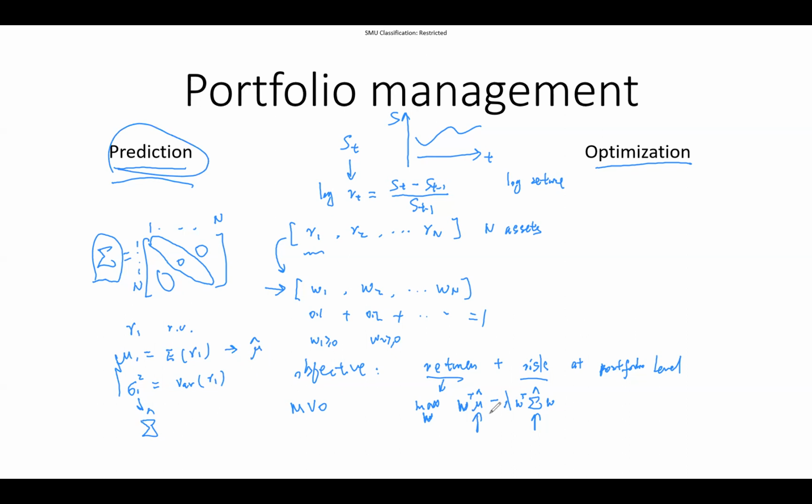Once they're fixed, they come into the MVO formulation, and then we do the optimization, searching over different values of W, and propose the best W such that this whole term is maximized. So this is our two-stage problem. First stage, do the prediction for the asset returns and covariance matrix. Second stage, do the optimization to look at the optimum portfolio choice.